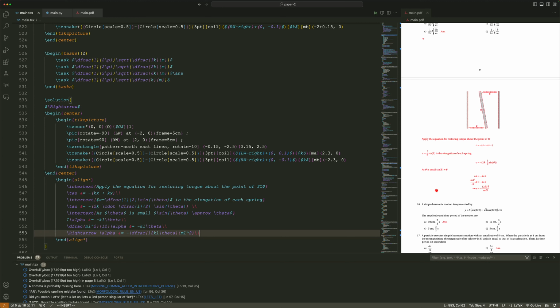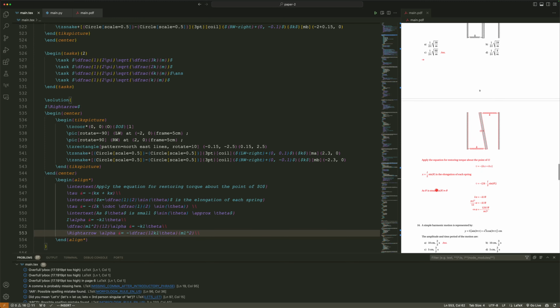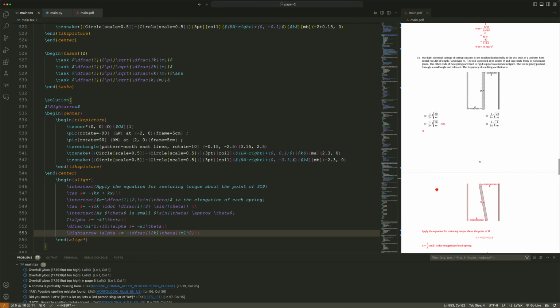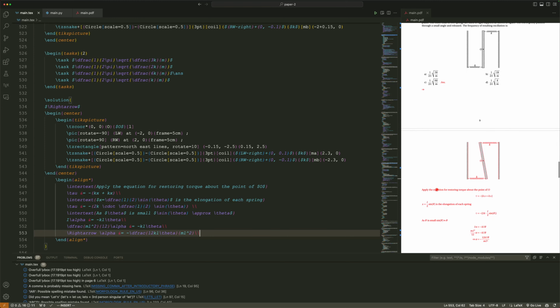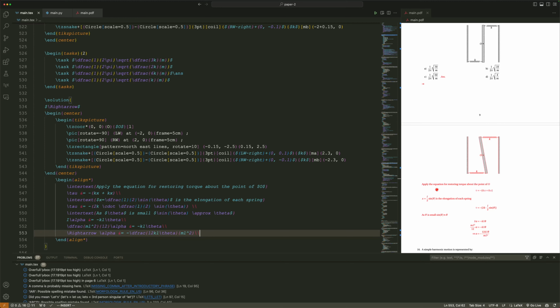I don't remember exactly. From this point of view it seems correct, but I don't know. ml square upon 12, yeah, it's right. There is no K value. Here omega is the square root of 12 K, it's wrong.